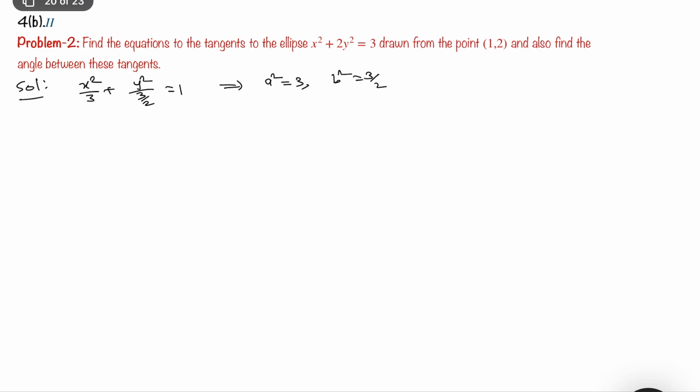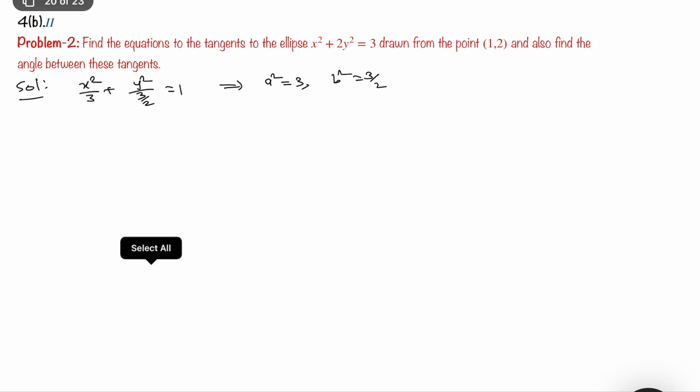We know that any tangent to the ellipse x square by a square plus y square by b square equal to 1 will be in the form y equal to mx plus or minus under root a square m square plus b square. So our required tangent can be taken in the form y equal to mx plus under root a square m square plus b square in this case.